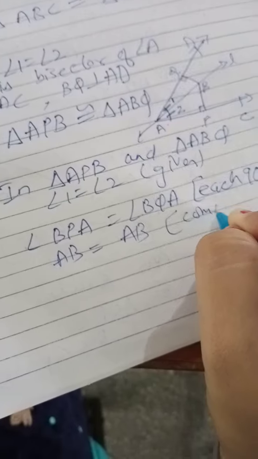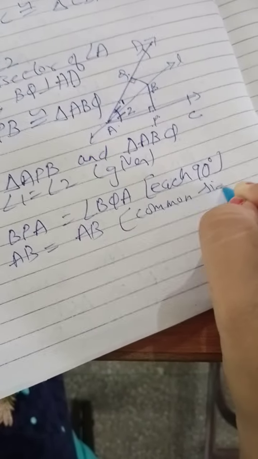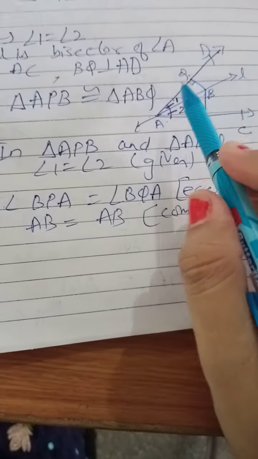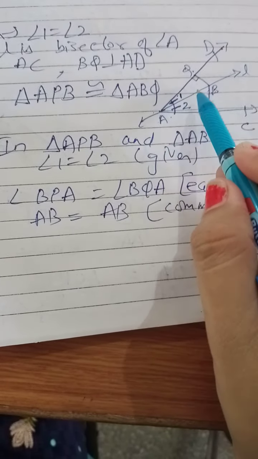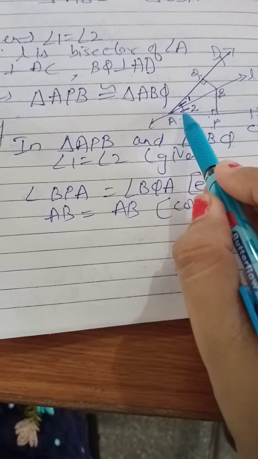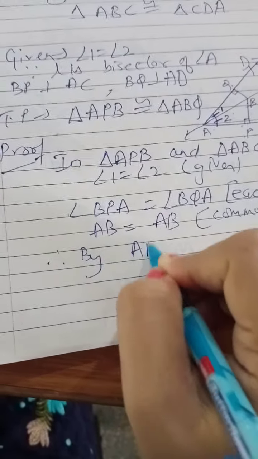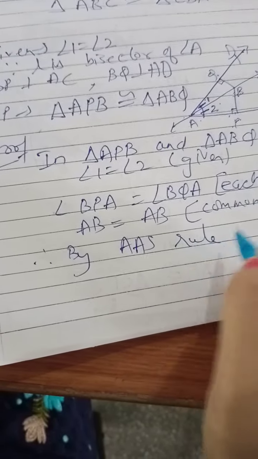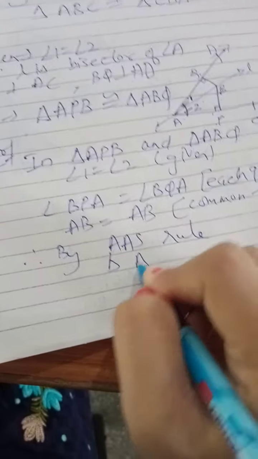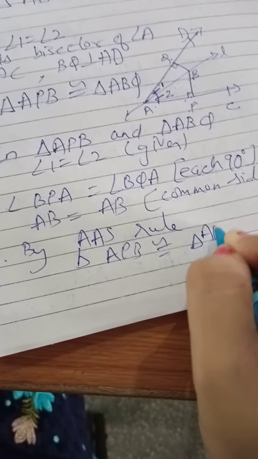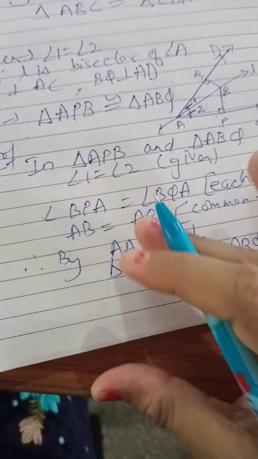So which rule will be applied? Angle angle side. Therefore, by the angle angle side rule, triangle APB is congruent to triangle ABQ.